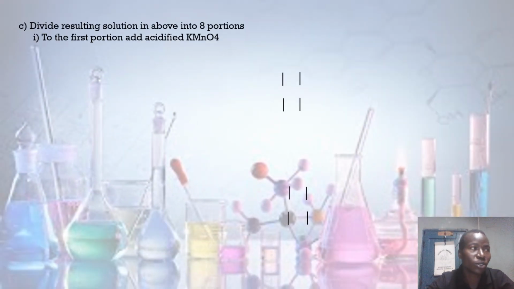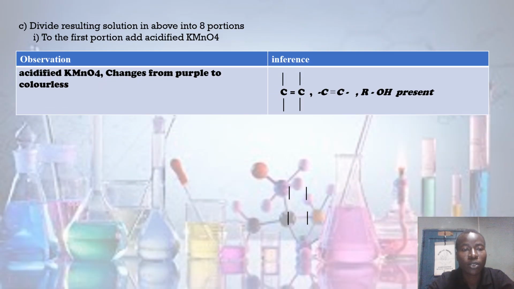Then the resulting solution, usually after dissolving in water, you are usually asked to divide it into several portions so that you can have a number of reagents that you can use to test the portions that you have divided. So the first portion, you can be asked to add acidified potassium manganate 7. If it changes from purple to colorless, you now need to talk about double bond, triple bond, or ROH being present.